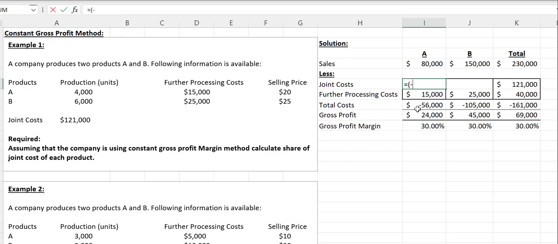So 56,000 and 15,000 subtract. So it's 70.